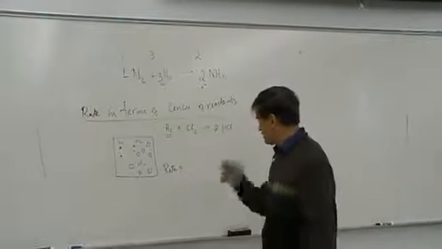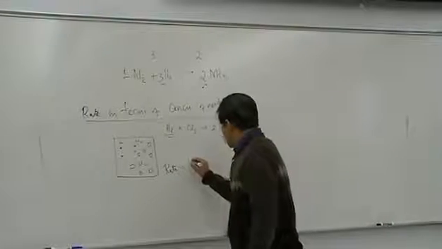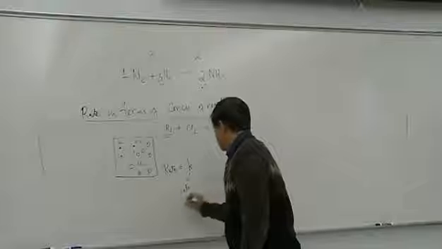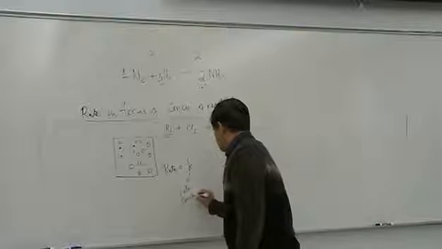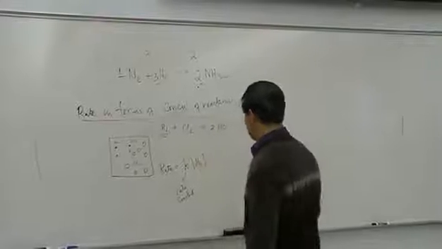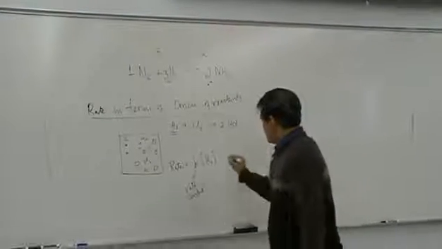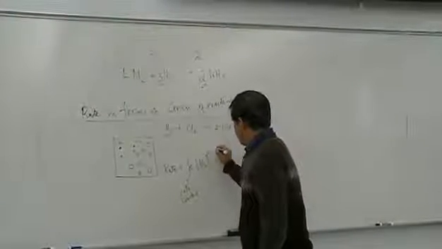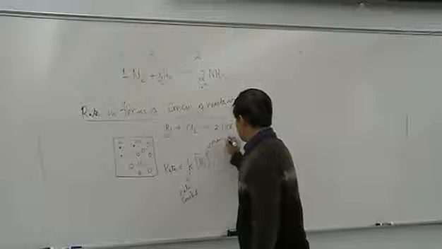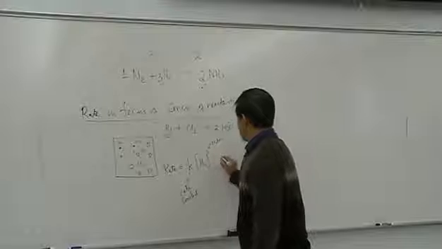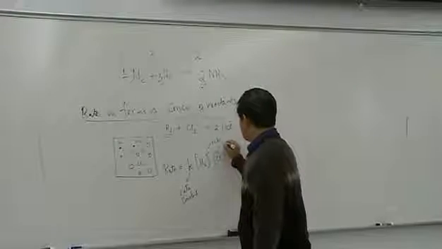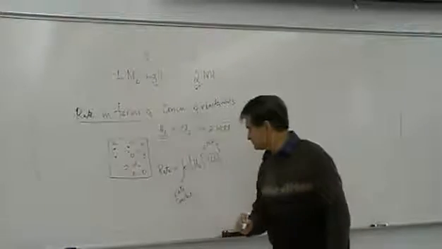by considering that fact. A constant, we call it rate constant, times the concentration of hydrogen, in this case the reactant, raised to the power A, what we call order of reaction, and Cl2 concentration raised to the power B, that's also called order of reaction.